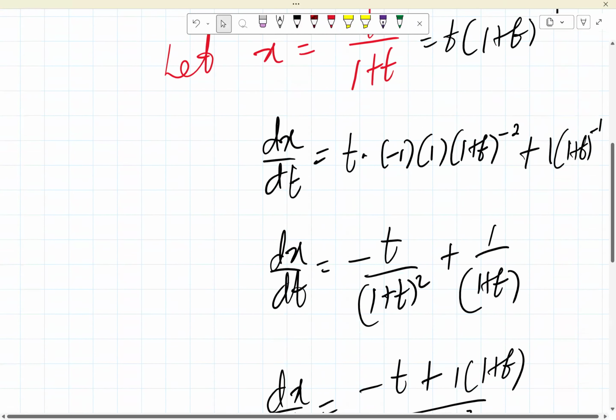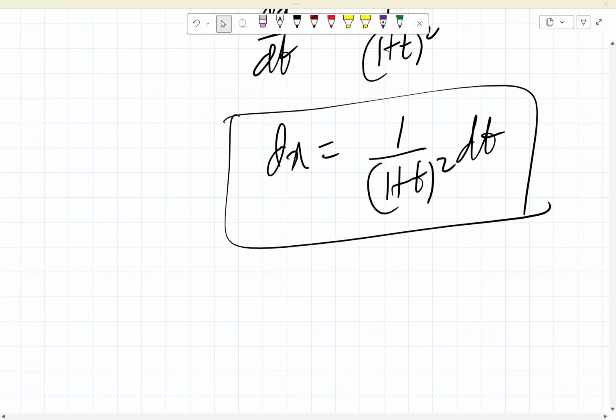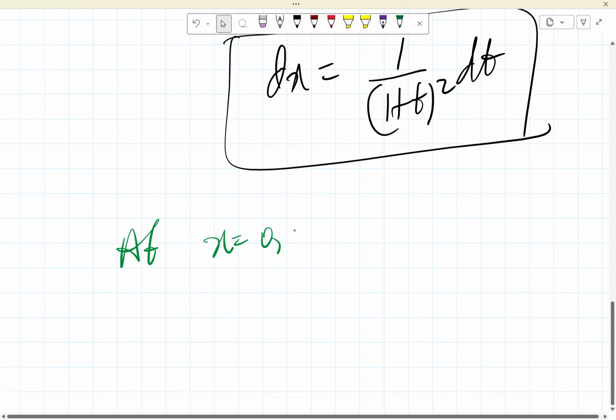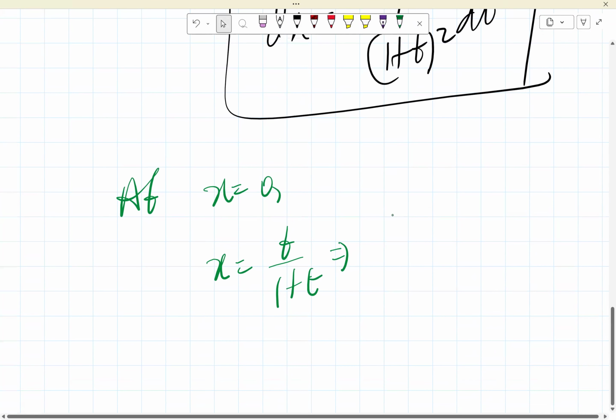Then apart from that, talking about the limit, 0 to infinity. At x equals 0, we have x equal to t all over 1 plus t. That implies 0 is equal to t all over 1 plus t.